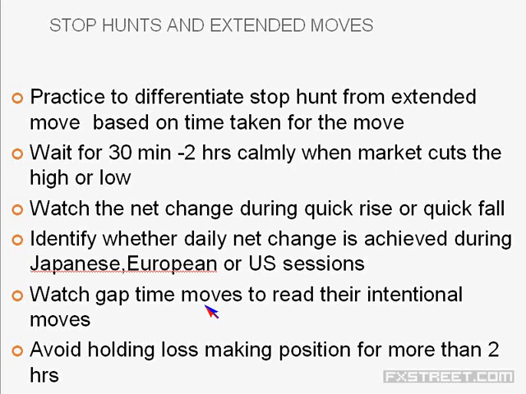Then also try to watch the gap time moves. Gap time moves are false moves, as I explained to you. Suppose they made an extended move and subsequently during the gap time they are making a drop, understand they wanted to continue during the early next session and afterwards they may reverse it. So gap time moves also help us identify when exactly they are going to make the reversal.